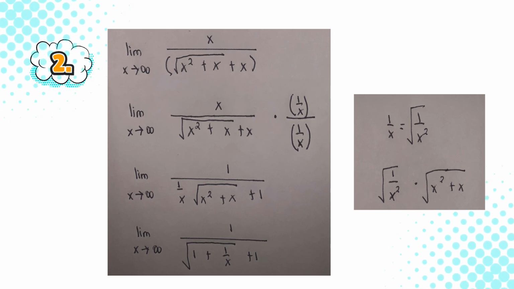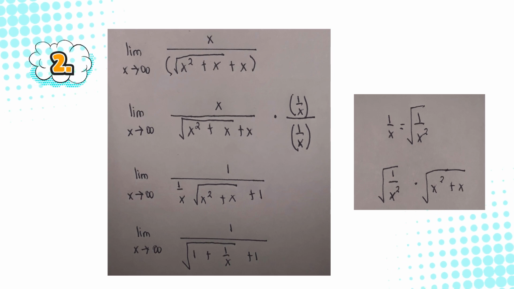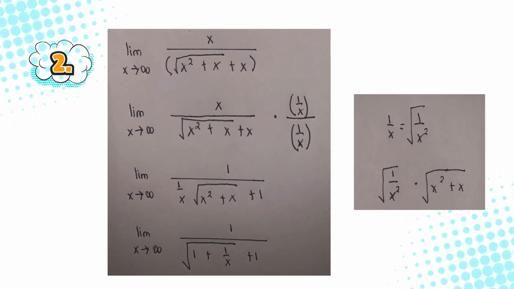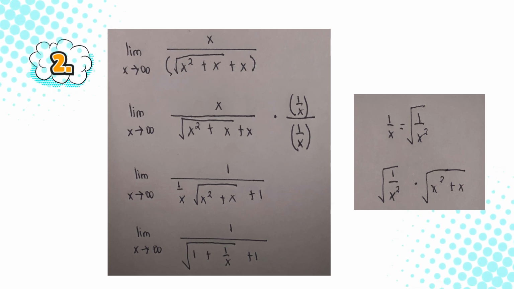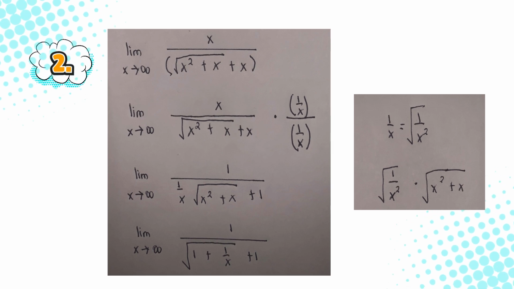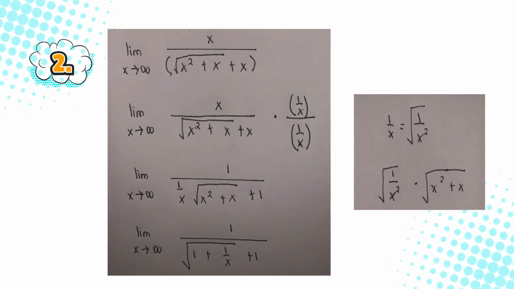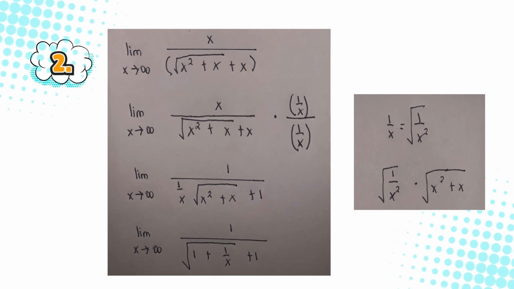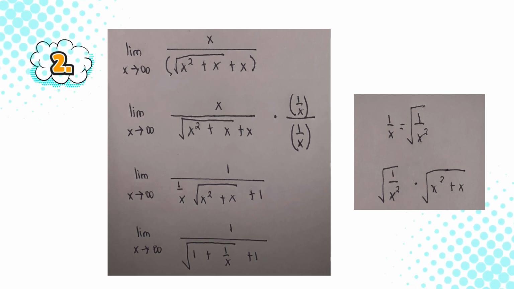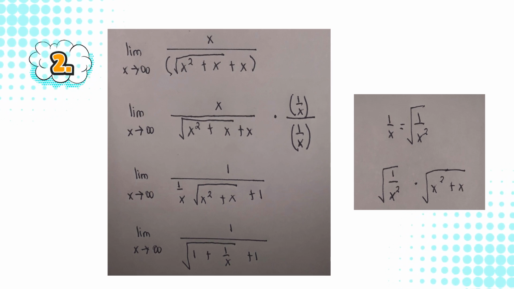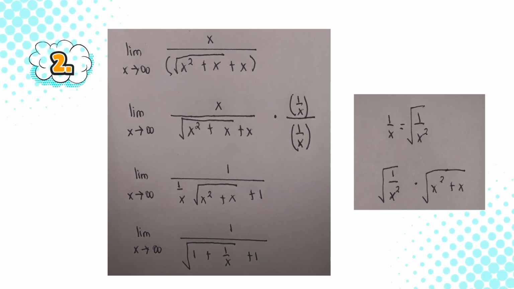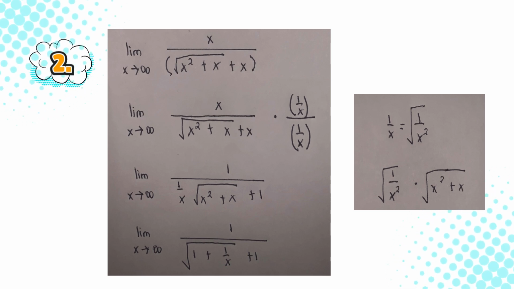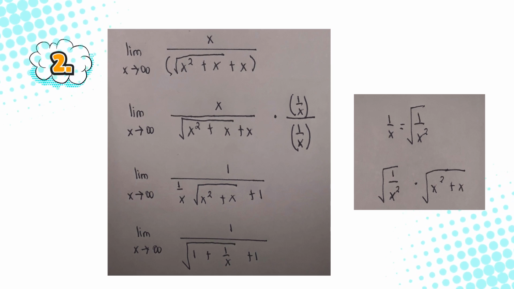Let us put 1 over x inside the square root. 1 over x is the same as the square root of 1 over x squared, so we can replace 1 over x by the square root of 1 over x squared times the square root of x squared plus x, so that we can multiply 1 over x squared by the x squared plus x, and that is the square root of 1 plus x divided by x squared, which is 1 over x.